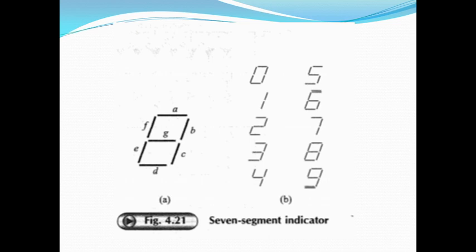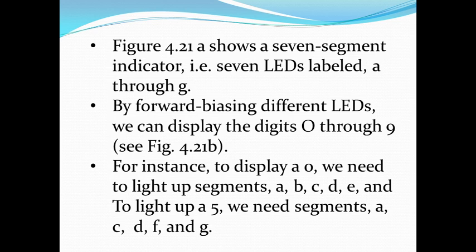Some of the LEDs are forward biased and some are reverse biased. Whichever LEDs are forward biased, accordingly a decimal digit is displayed. If the segments A, B, C, D, E and F are forward biased, then it will display 0. You see here, figure 4.21.